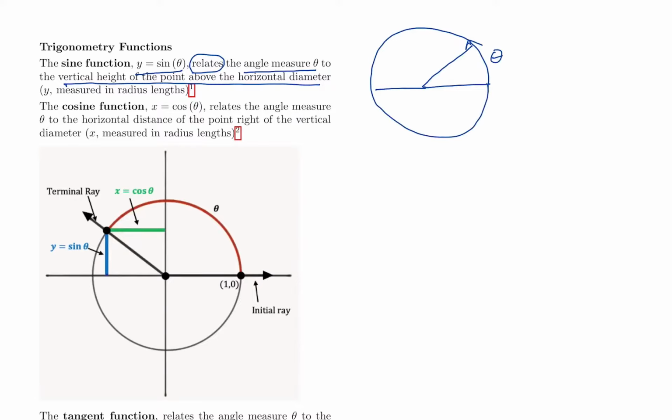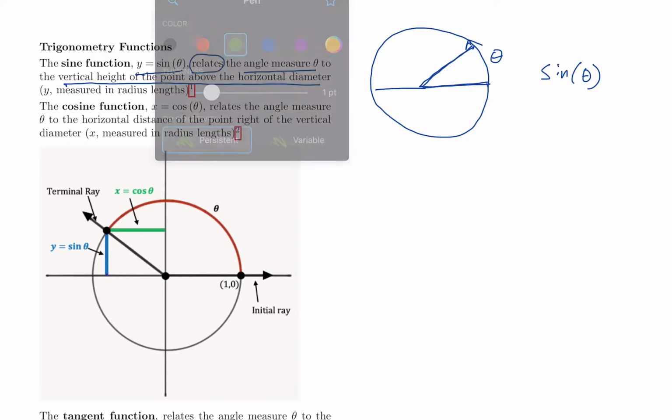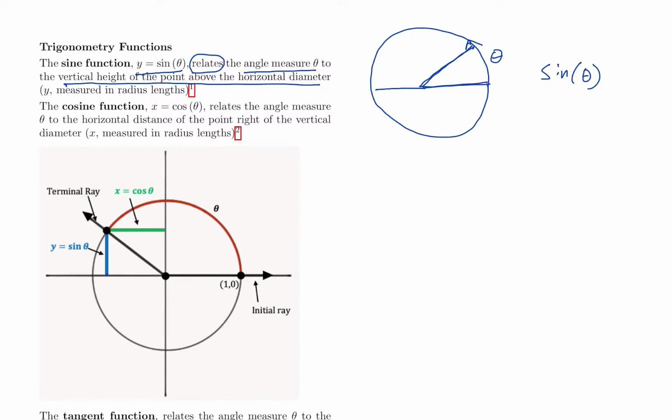So if you want to find sine of this angle right here, sine of theta, what we're measuring is this vertical distance from horizontal diameter. So here's horizontal diameter, and we measure this vertical distance from horizontal diameter to this point, the end of the terminal ray.